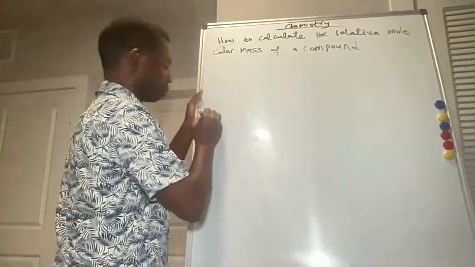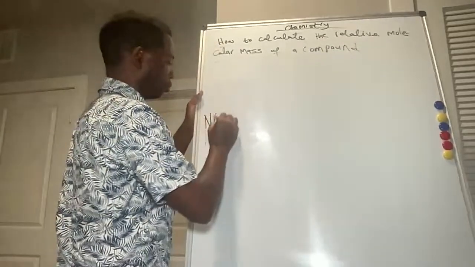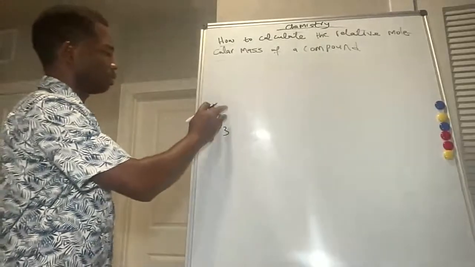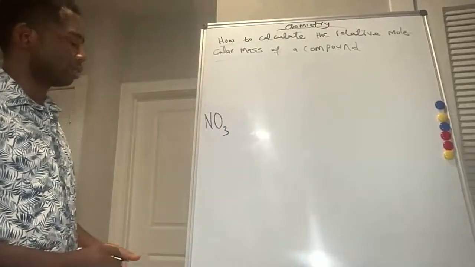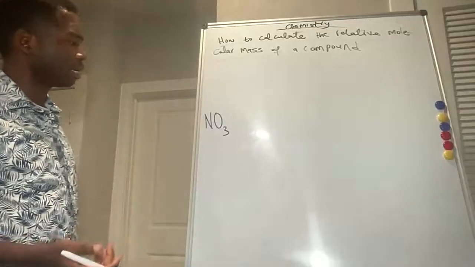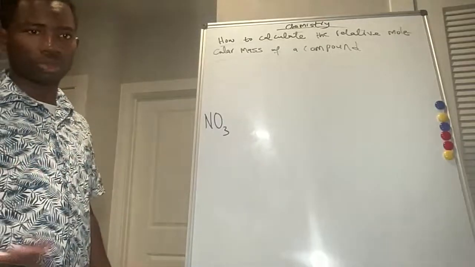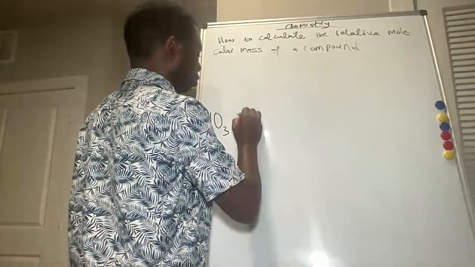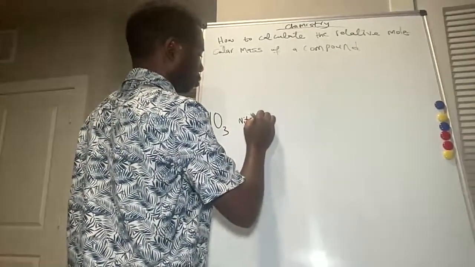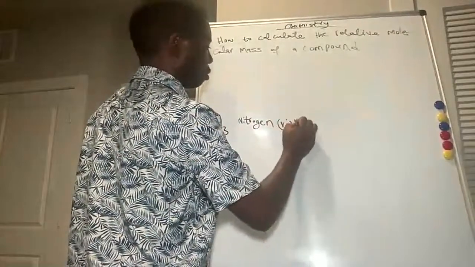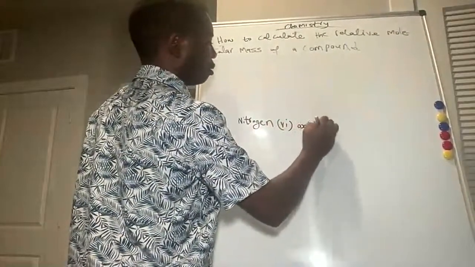Let's look at this compound. This is nitrogen(VI) oxide. Once again, why is it called nitrogen(VI) oxide? It is an acidic oxide.